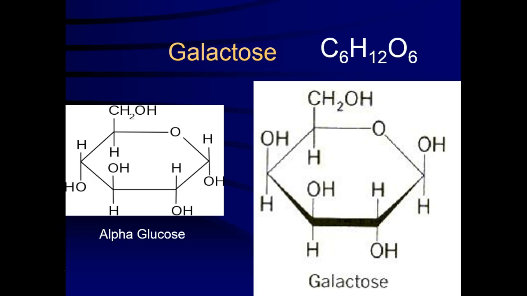The Milky Way. Right? Galaxy refers to our galaxy, the Milky Way. Galacto means milk. So this is one of the monosaccharides that is part of lactose, which is milk sugar.